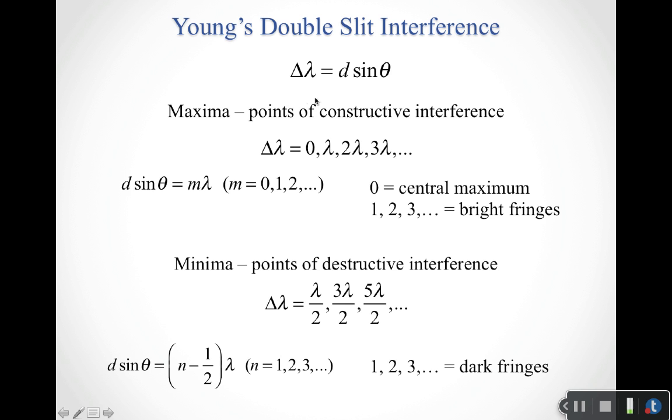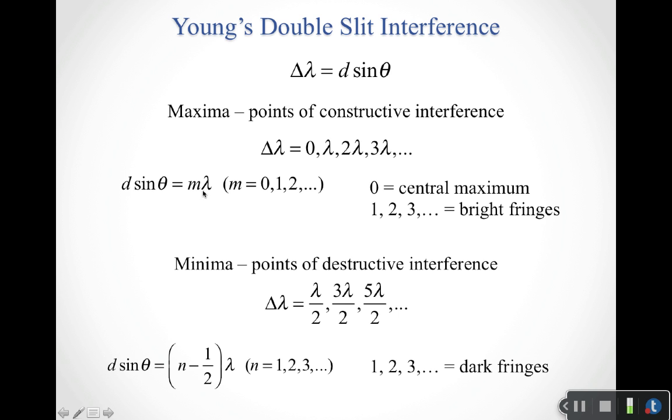And so I can deal with situations where I have a problem where I'm told what the angle is, and therefore I can figure out what the path difference is, and then go ahead and think about maybe what the phase difference is.